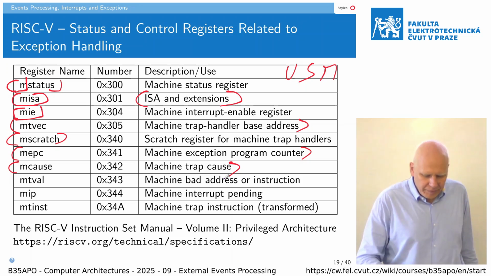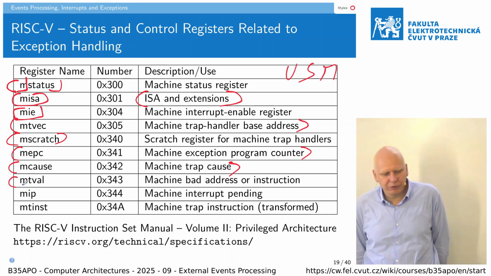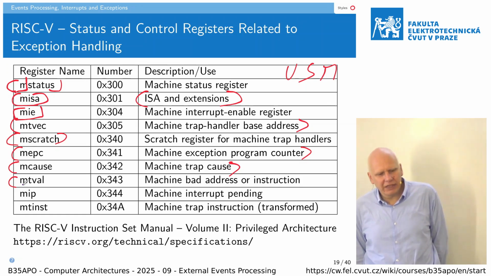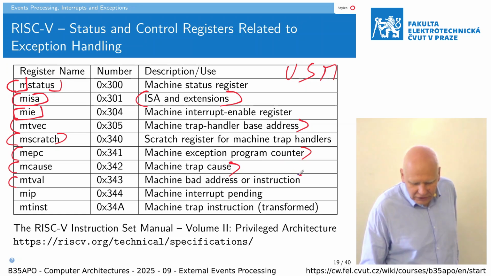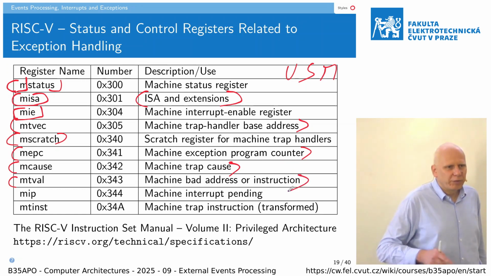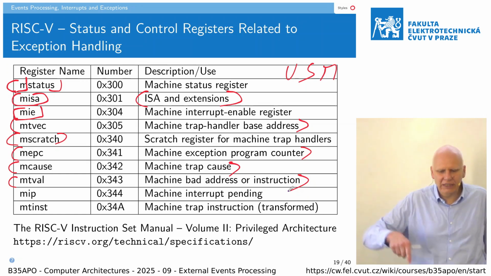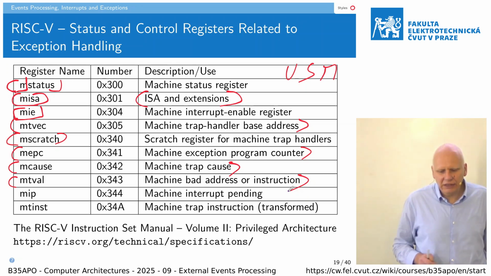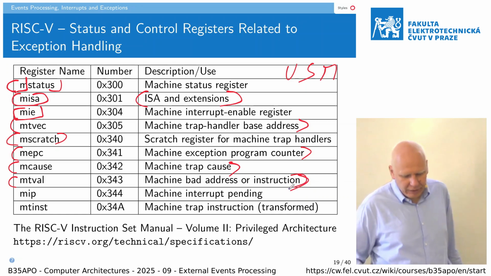And in the case of some exceptions caused by paging and so on, there is a register which stores the address which caused the problem. So for example, an address somewhere in a page which is not present, and for this reason there was the exception. So you can analyze what happened.